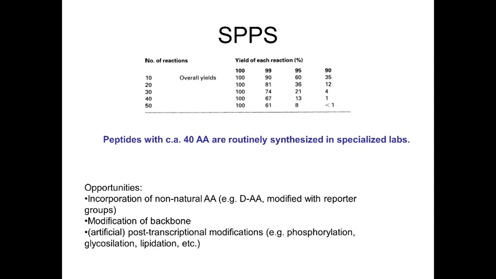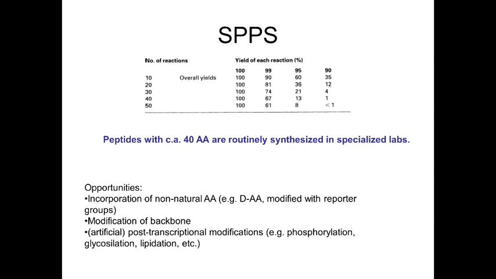You can modify peptides with reporter units, like fluorescent dyes. You can put modifications in the backbone, so you can, for example, make it more stable against proteolysis. And you can also introduce artificial post-translational modifications.